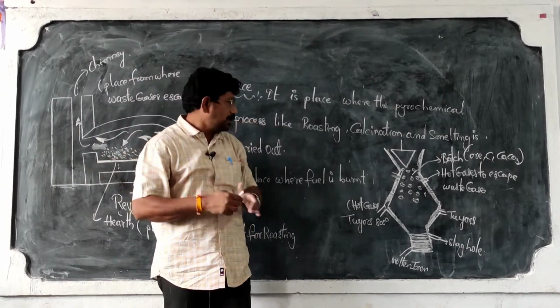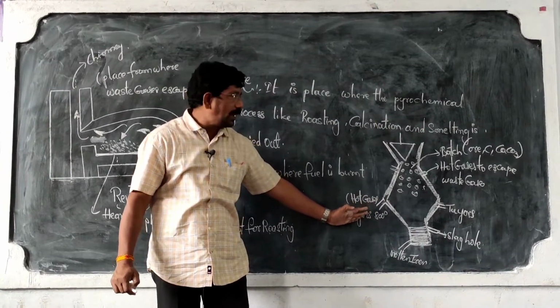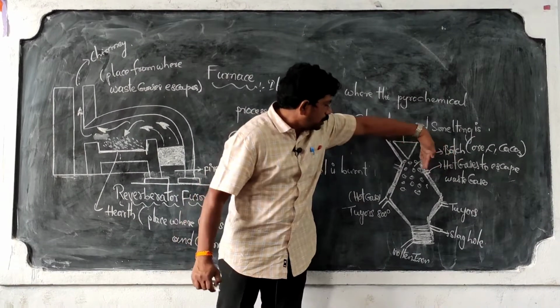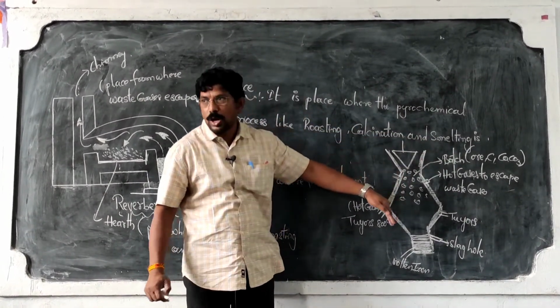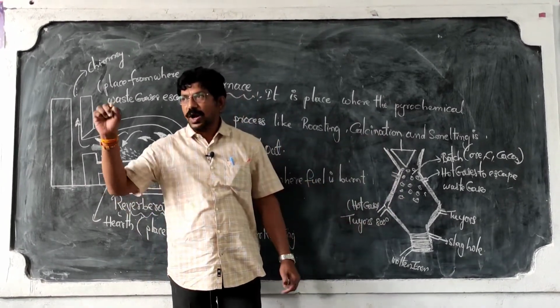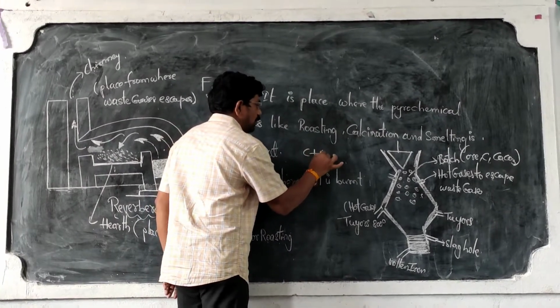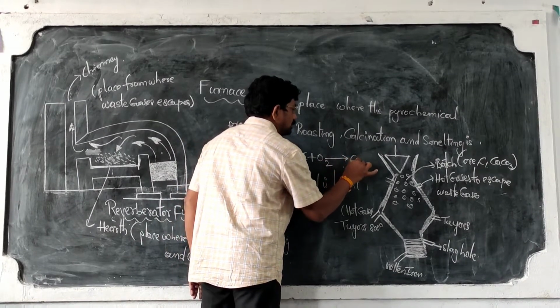Try to understand. See, hot gases are blown from the bottom with the help of the tuyeres, and the ore and the coke are introduced from the top. Calcium carbonate is also introduced from the top. While it is coming down, first the coke is reacting with oxygen. It gives carbon dioxide.